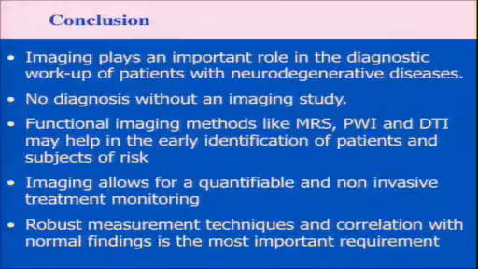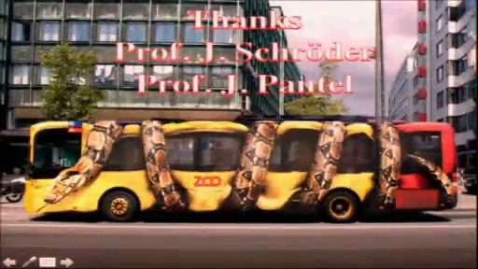So it's very difficult and challenging to compare an individual patient to a normal cohort if you don't have quantitative data. That calls for robust measurement techniques and correlation with normal findings in a quantitative manner, and that's the most important requirement. And with that, I'm at the end.